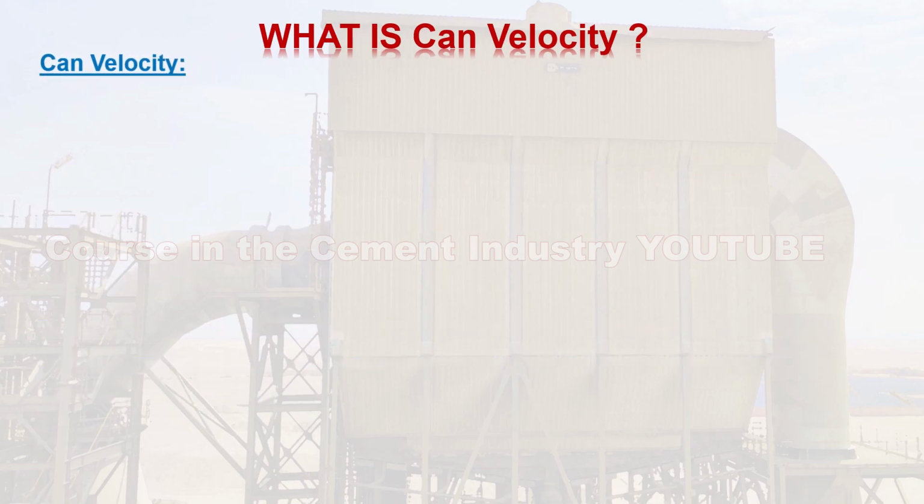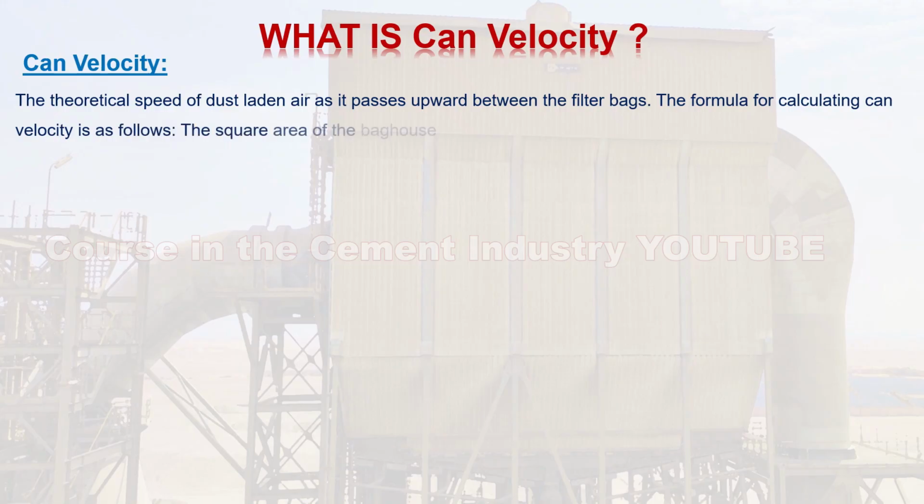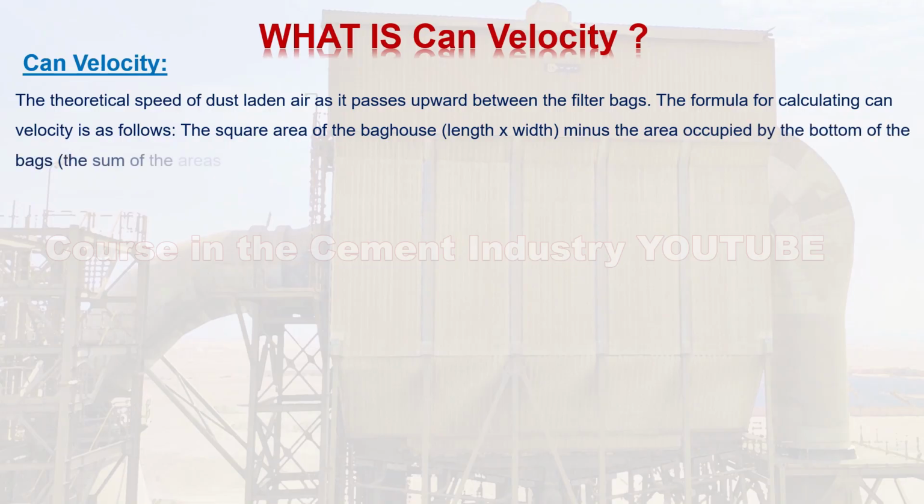Can velocity is the theoretical speed of dust-laden air as it passes upward between the filter bags. The formula for calculating can velocity is as follows. The square area of the baghouse, length multiplied by width, minus the area occupied by the bottom of the bags, the sum of the areas of the number of bags, divided into the volume of air in actual cubic feet per minute.